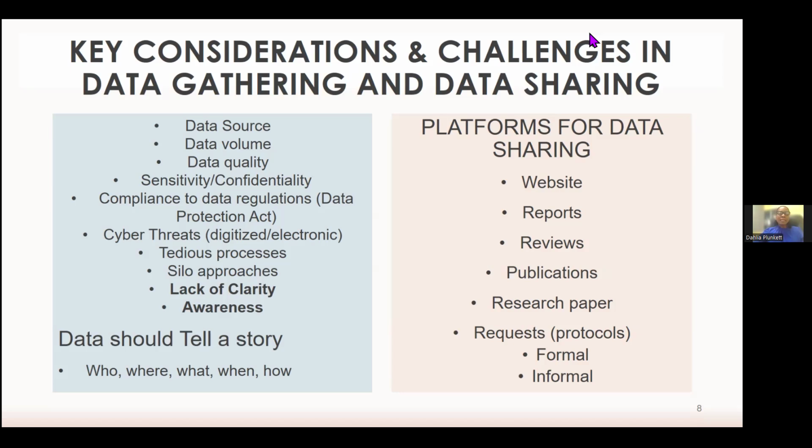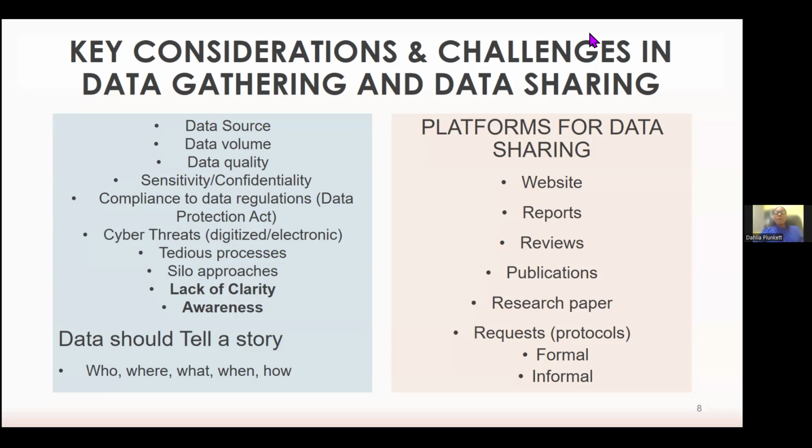And the awareness. What I've also found is that many of our agencies, ministries or departments do have various platforms for sharing data. What is lacking is that the awareness is not there. Persons do not know where or how to access that data. Just to give some examples, you might find it on websites, reports, reviews, publications, research papers.